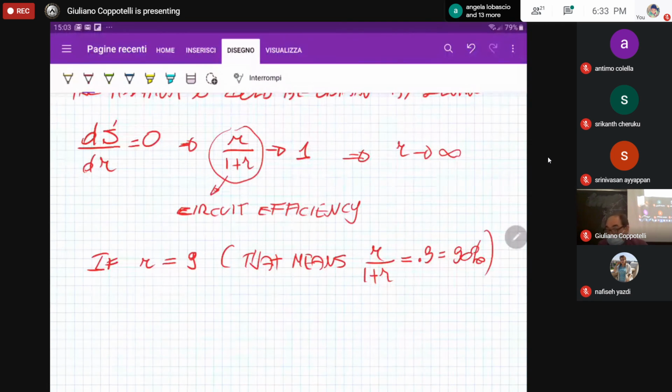And the resistance is equal to 120 ohms. The maximum dissipated power is 0.15 watts.